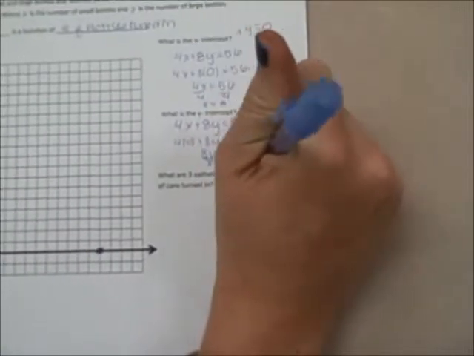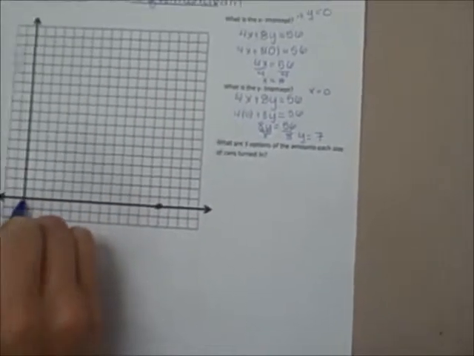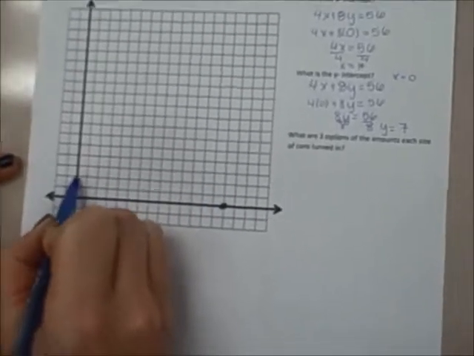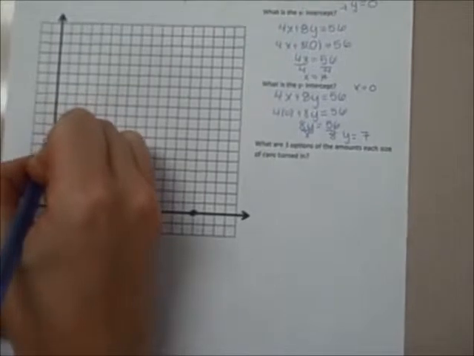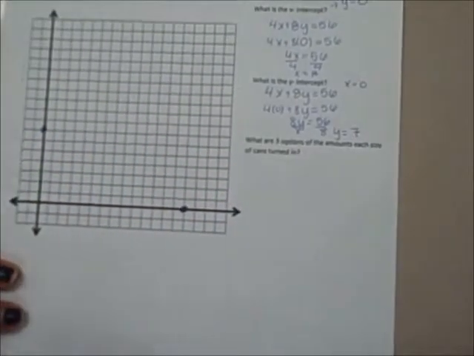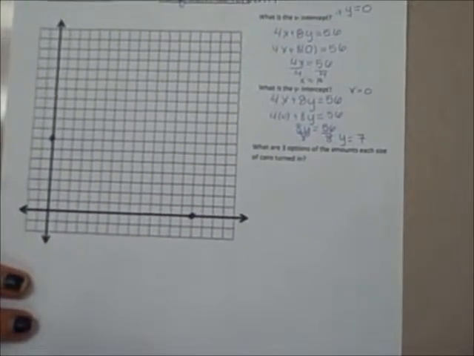Y equals 7. We're going to count on our y-axis up 7, 1, 2, 3, 4, 5, 6, 7. There are our two intercepts.